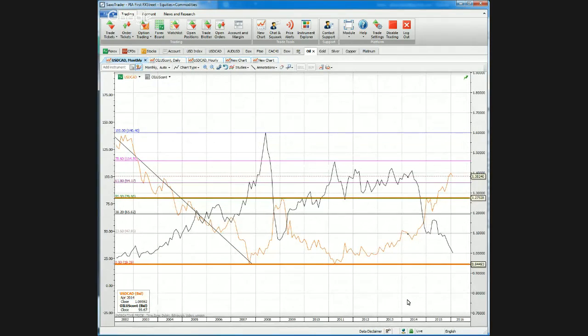So with dollar CAD, dollar strength equates to negative price action in oil. We can see price action at the moment trading at $30. This is WTI oil, light sweet crude, not Brent.